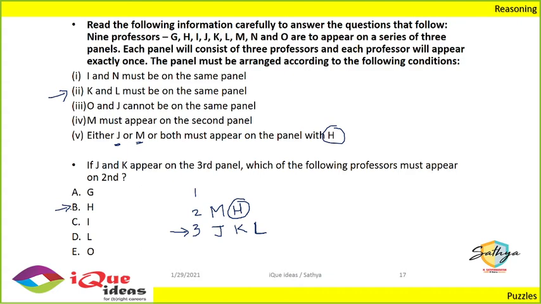Did everybody understand this? Logically, if you do it, there is no guesswork. It's a very logical step-by-step process, right? So if logically step-by-step you worked it out, you'll get the answer.